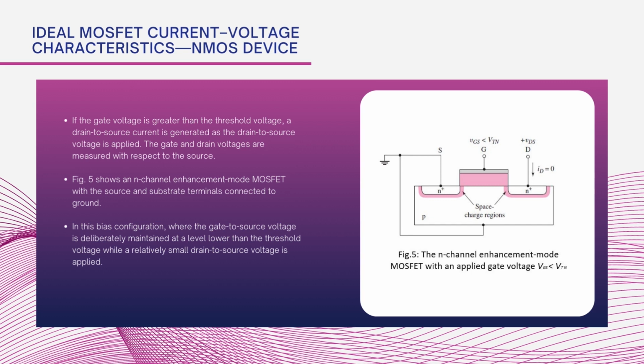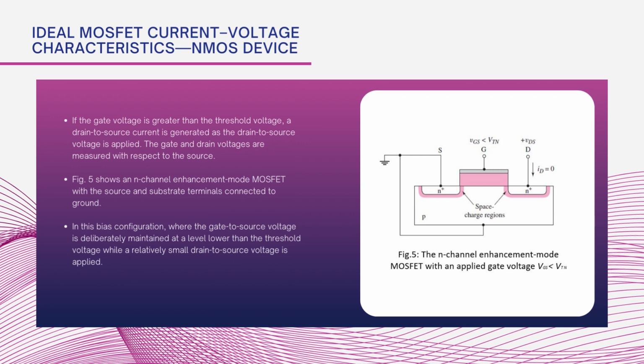Now, this region penetrates more towards the P side. This is because the P doping is lighter than the N plus doping. Hence, we can see two space charge regions, one at the source end and the second at the drain end.